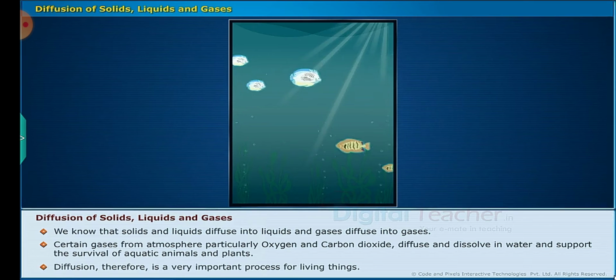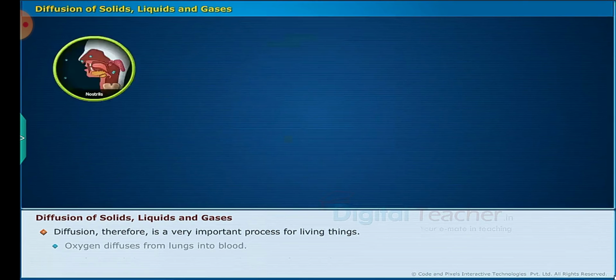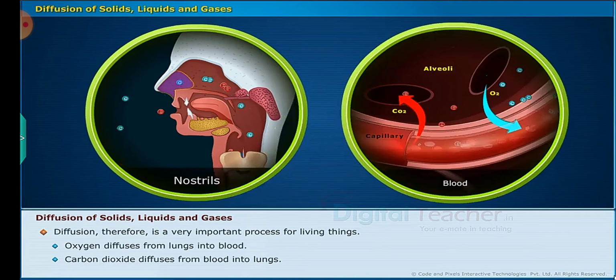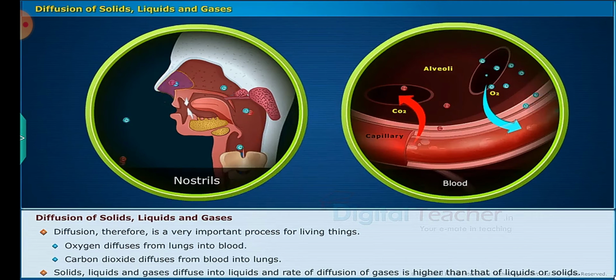Diffusion, therefore, is a very important process for living things. Oxygen diffuses from lungs into blood. Carbon dioxide diffuses from blood into lungs. Solids, liquids, and gases diffuse into liquids, and rate of diffusion of gases is higher than that of liquids or solids.